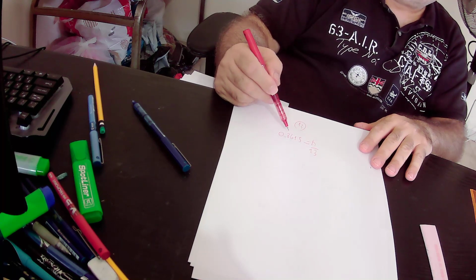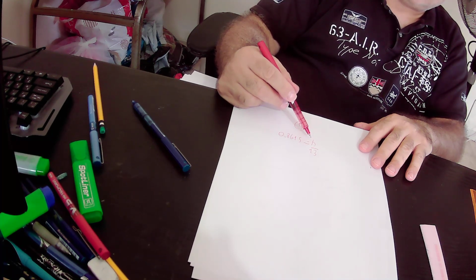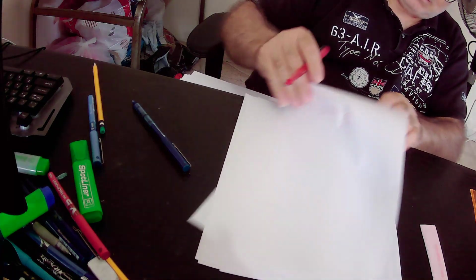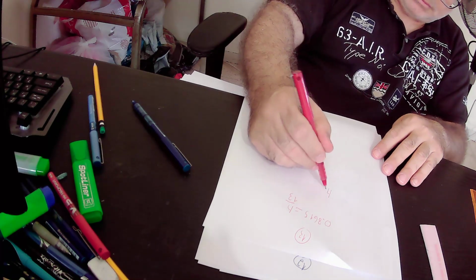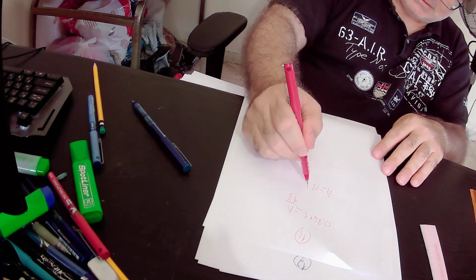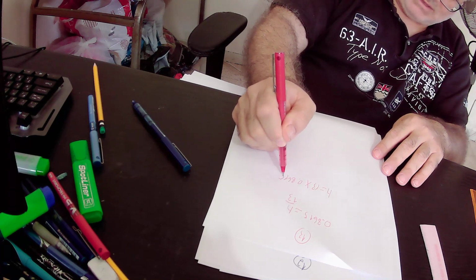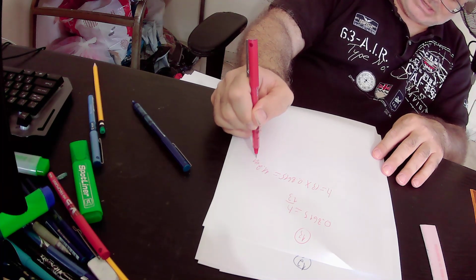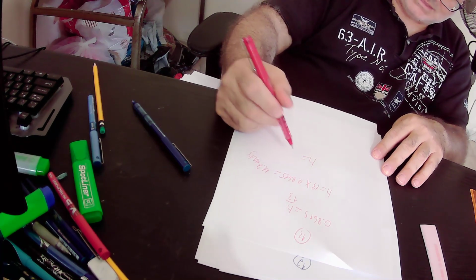Here we will multiply this equality by 13 in order to find out the value of h, that is the height of triangle ABC when the base is 15 units. Okay, and we will get that h equals 13 times 0.8615, that is equal to 11.2 units.